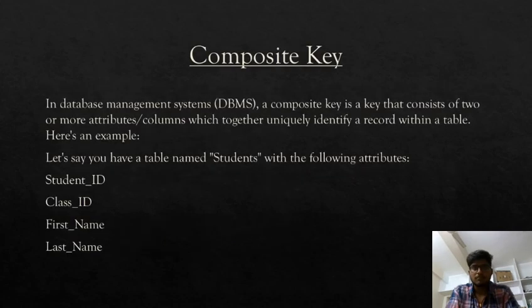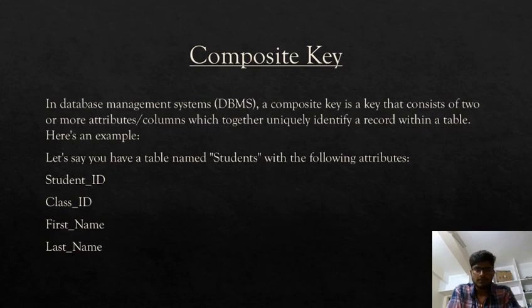Then we move on to the final key, the composite key. In a database management system, a composite key consists of many attributes that together uniquely identify a record within a table. If a student entity has many uniquely identifying attributes, then those together are known as the composite key of the table.